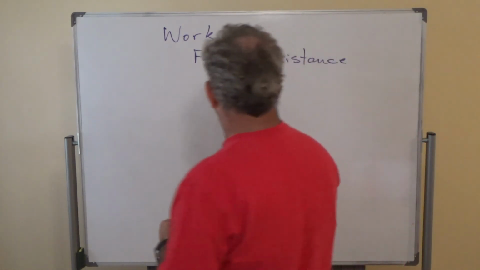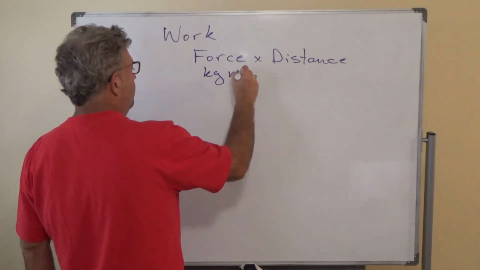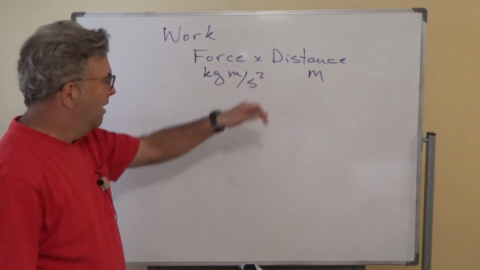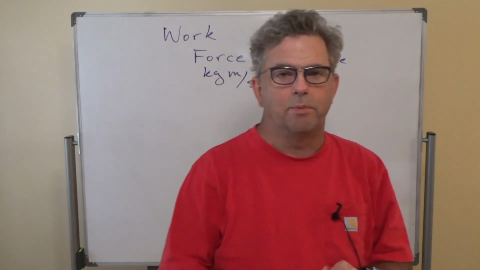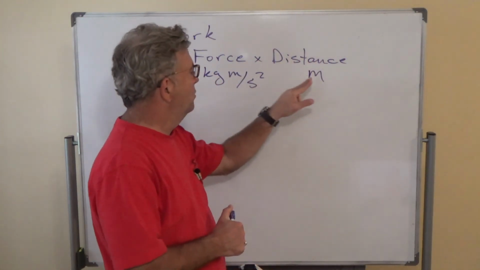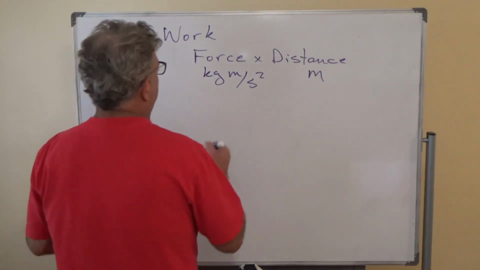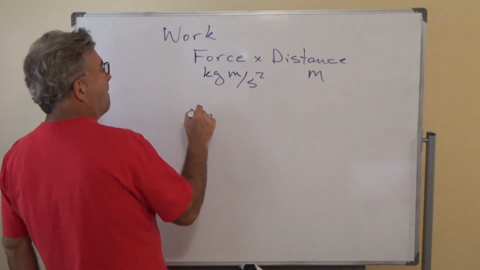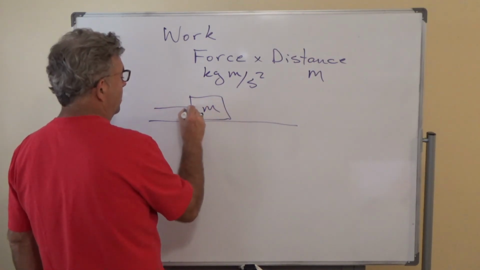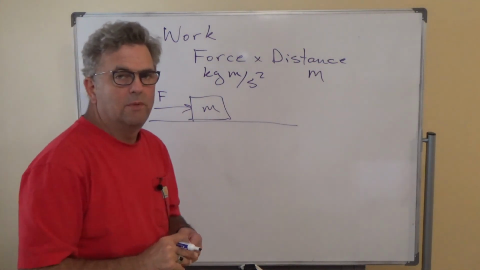Okay? So, force has units of kilogram meter per second squared. Distance has units of meters. And that's where you get that kilogram meter squared per second squared. That's a joule. All right? You take a newton of force through a meter of distance, that's 1 joule. All right, so let's look at our object, some box or some such thing sitting on the floor, and here is a force, okay?